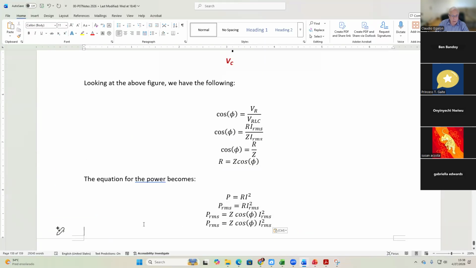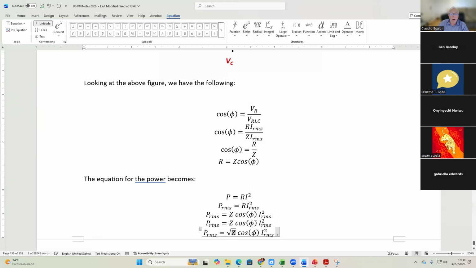And the Z, remember what the Z is? The Z is the square root that you saw before, R squared plus chi L minus chi C, squared.